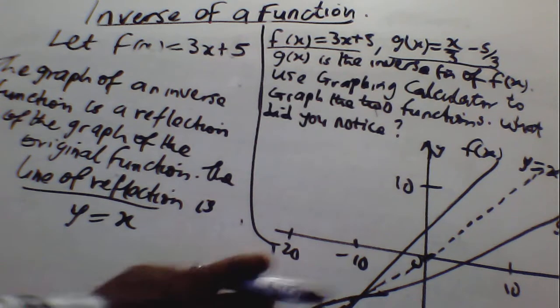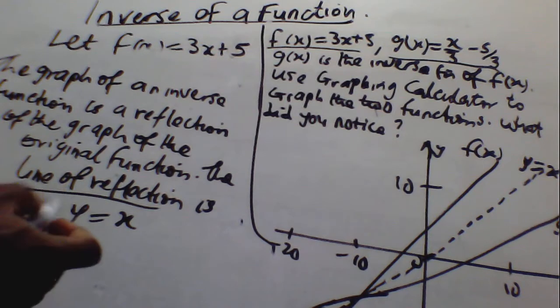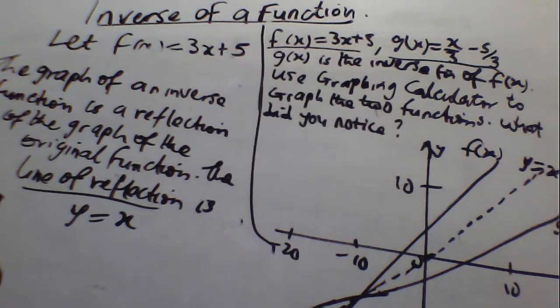So I'm giving you some instances. We have done something like that, a reflection, when we were treating radical, rational and polynomial functions. One is a reflection of the other in the x-axis and the other one in the y-axis. So the inverse of a function is a reflection of its original function. Can we proceed?